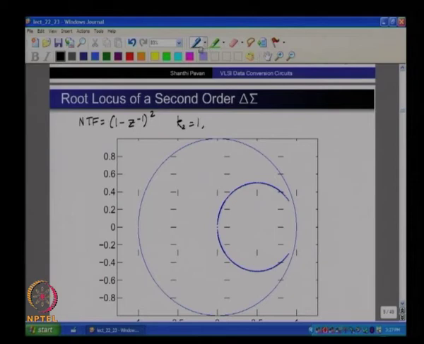At K2 equal to 1, the poles are located here, and as K2 keeps falling, we see that the poles do indeed move, but you can always see that they are within the unit circle.